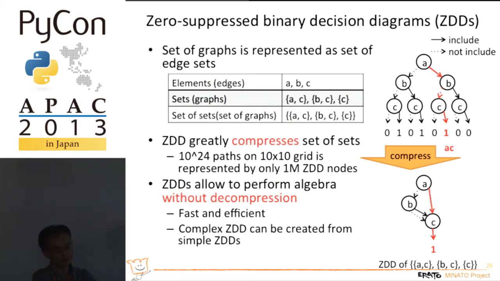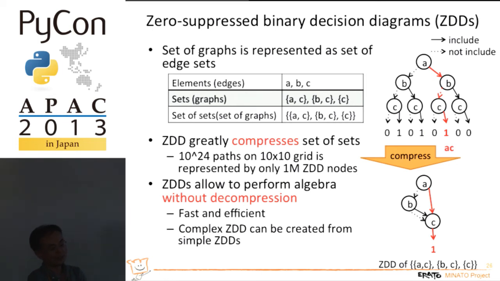Here we assume we have three elements, A, B, and C, and we have three sets, AC, BC, and C. A set of sets can be a collection of these sets. This is an example of a set of sets. Here we assume these elements, A, B, and C, are graph edges. Then a set of sets is regarded as a set of edge sets, or a set of graphs.